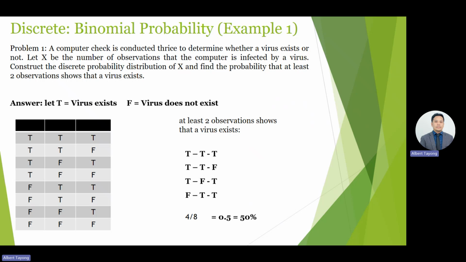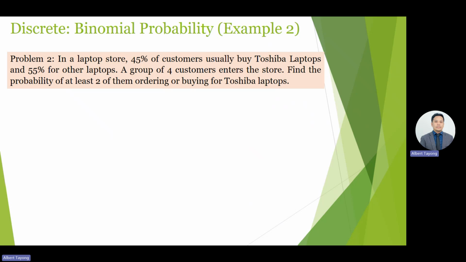But in some cases, we cannot use the table or propositional logic to solve the problem, so we have to stick to the formula only. Like this second example: 45% of customers usually buy Toshiba laptops and 55% buy other laptops.